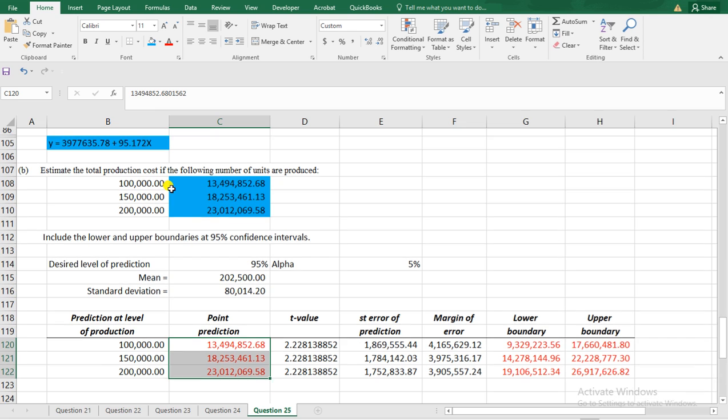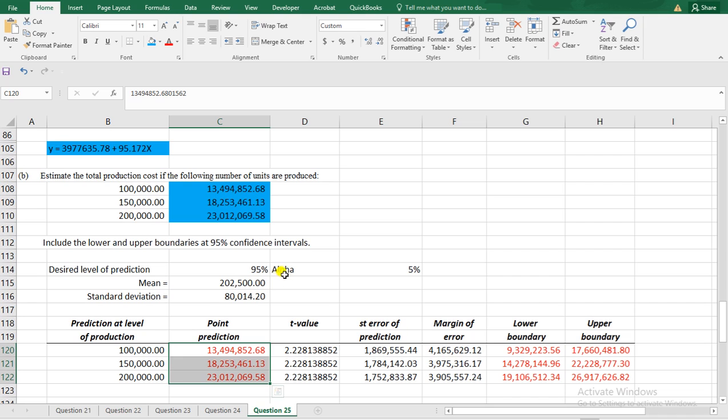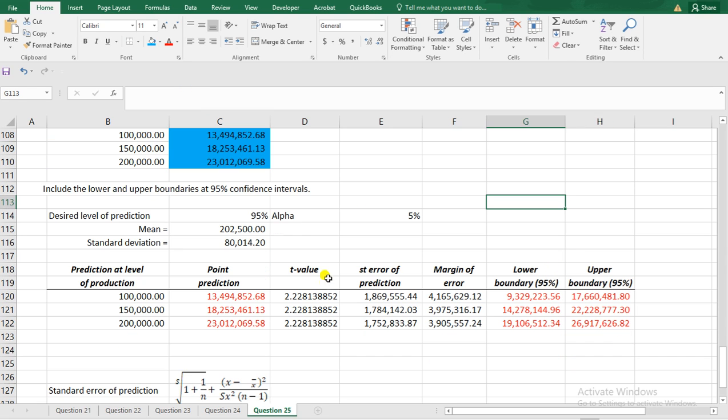Then we are also supposed to include the lower and upper boundaries at 95% confidence interval. These are basically our boundaries at 95% confidence interval. So this is what you were asked to do, and that is what will have earned you the 12 marks.